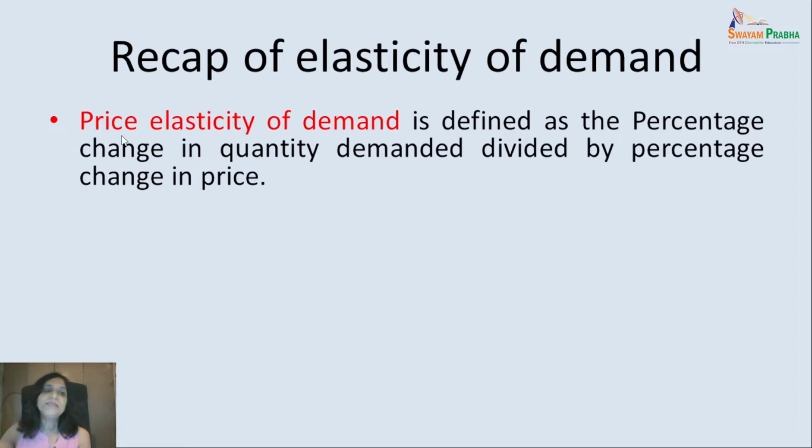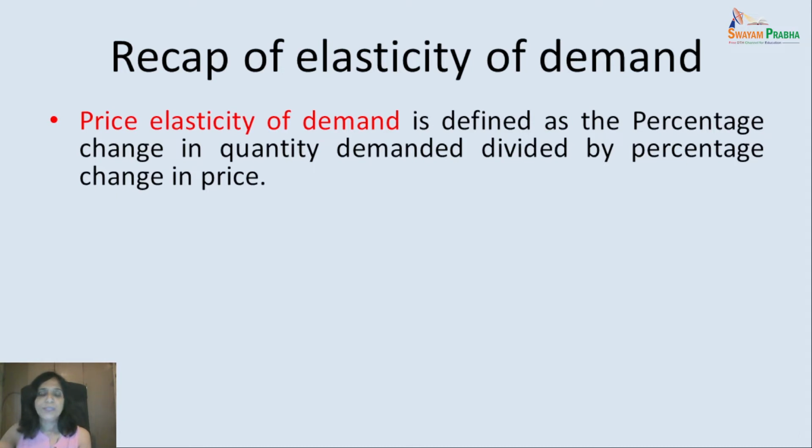As the name indicates, price elasticity of demand measures the percentage change in quantity demanded of the product because there is some change in the price. So we say it is the ratio of the percentage change in quantity demanded divided by the percentage change in price.